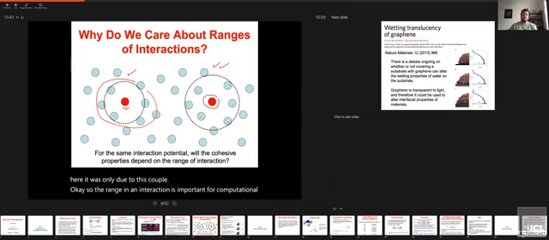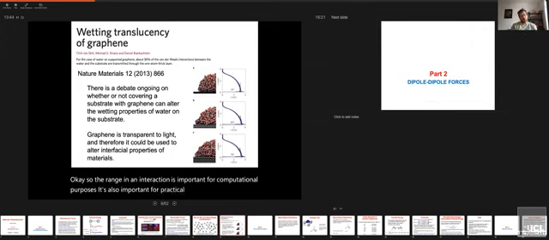It's also important for practical purposes. A few years ago, there was a debate. Actually, it was a discovery from Rice University. They found that when you take different materials, some hydrophilic, some hydrophobic, some differently hydrophilic, and you take one graphene layer, which is a layer of carbon atoms, and you deposit that graphene layer on the original materials, and you then put a droplet of water on top, the contact angle of water will not change much compared to when the graphene layer was not there.